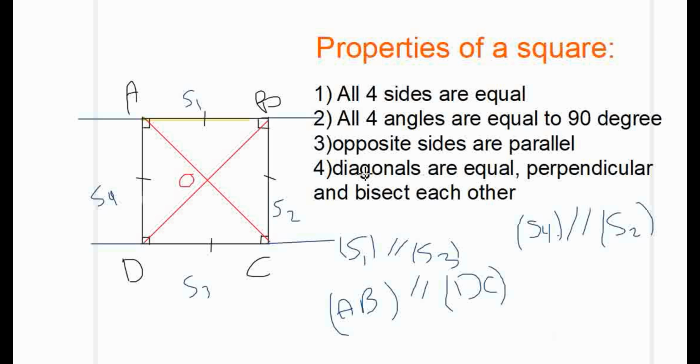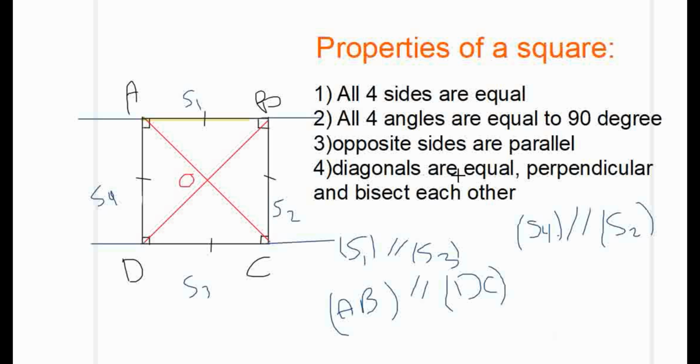And finally, diagonals are equal, perpendicular, and bisect each other. So this point contains details. Equal, it's easy. So the diagonals are equal. What are the diagonals? The first diagonal is AC, drawn in red, and the second one is DB.